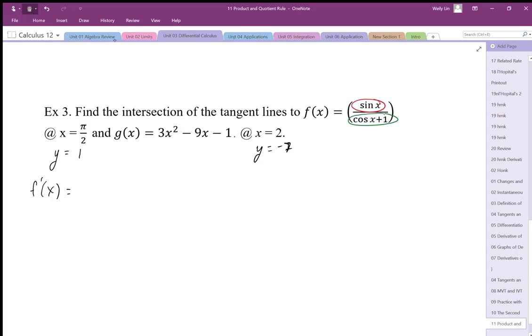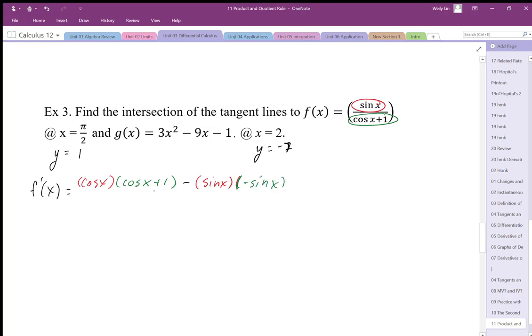I differentiate the top, and I don't differentiate the bottom, so that's cos x plus 1, minus the top, sine x, undifferentiated, times the derivative of the bottom, which works out to be negative sine x.